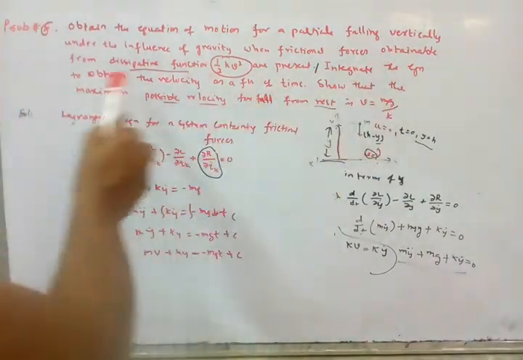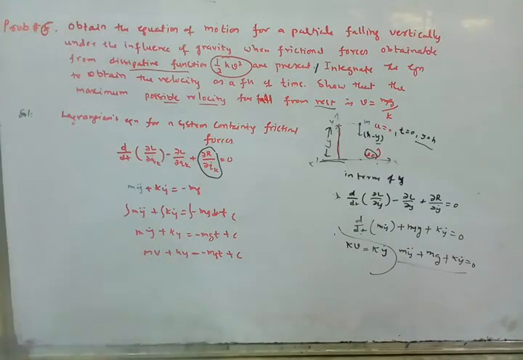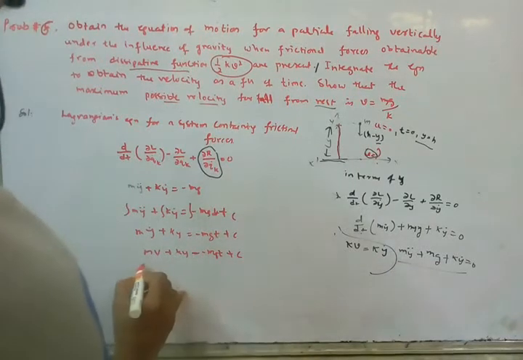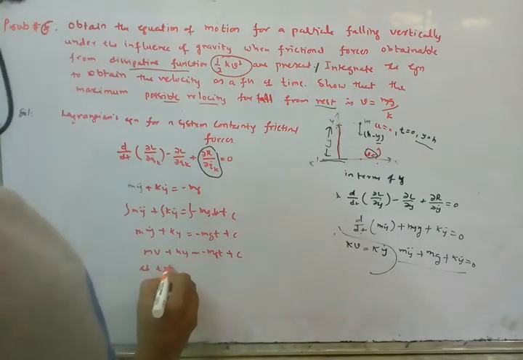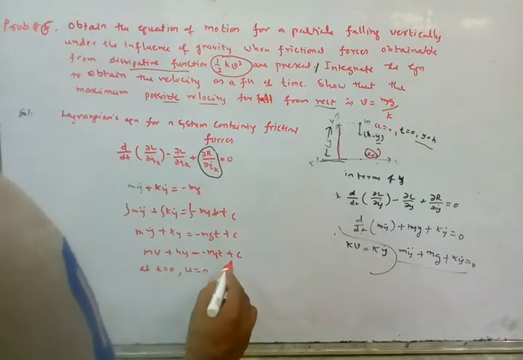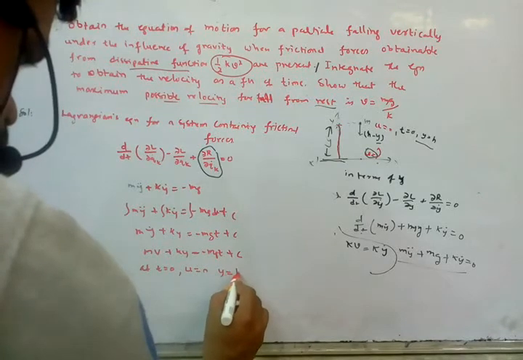So we integrate the equation to obtain the velocity as a function of time. The conditions are, at t equal to 0, the initial velocity u is 0 and the maximum height is y equal to h.